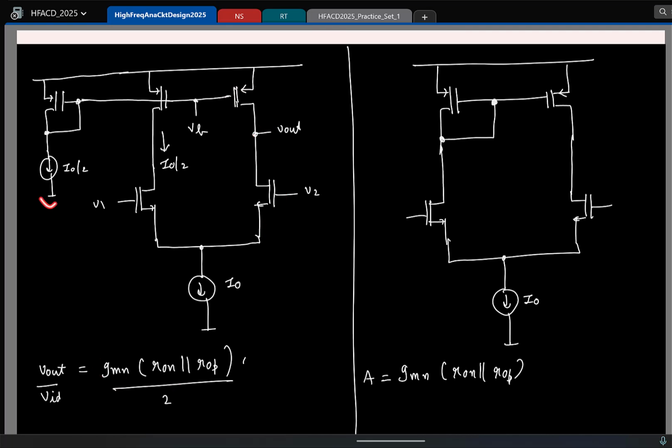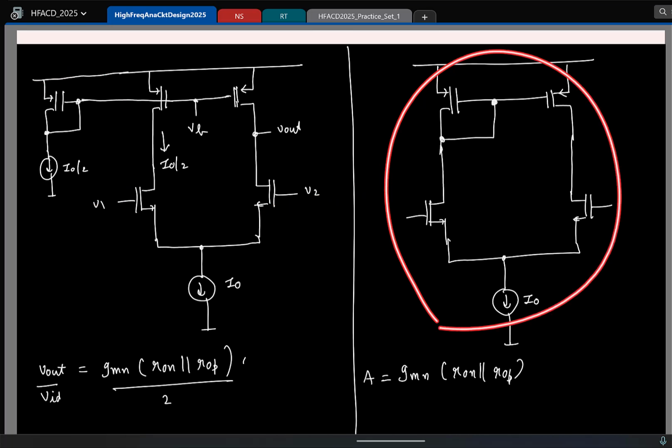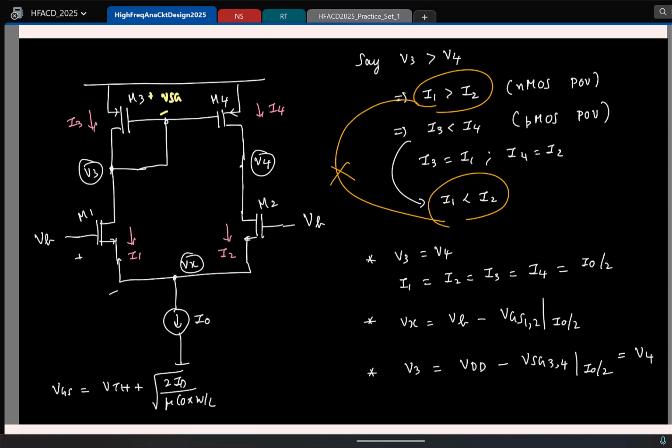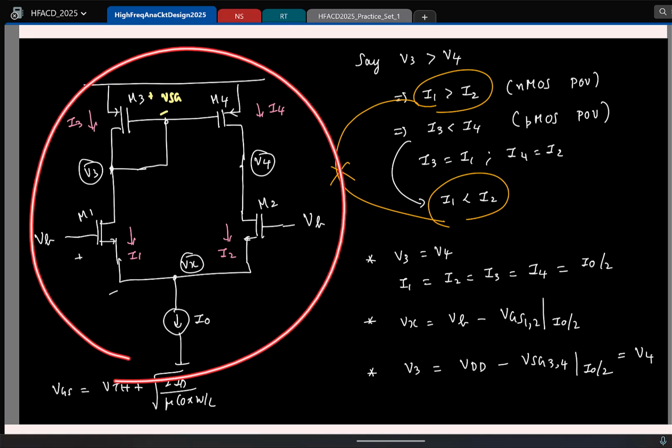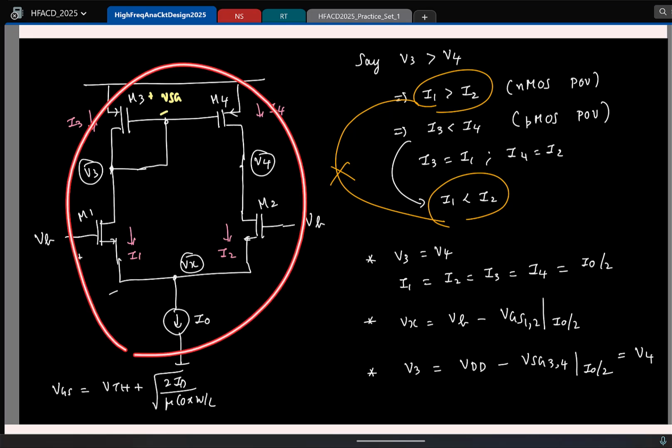But then we saw that this bias voltage we can generate in the same branch, so that gave rise to this circuit. Here we first calculated the DC operating point. A couple of points to note here are, although this circuit is asymmetric, as long as we provide a common mode excitation wherein both sides are excited by the same inputs, then this becomes symmetric.